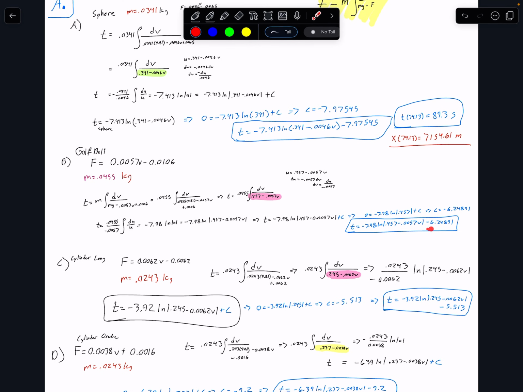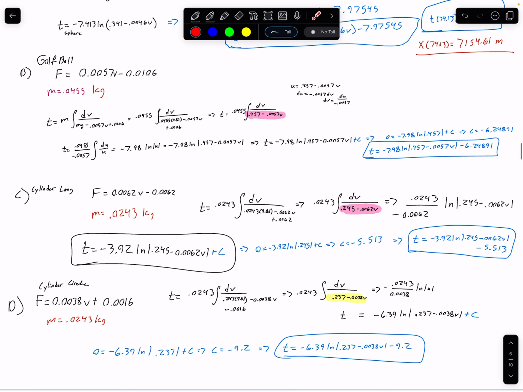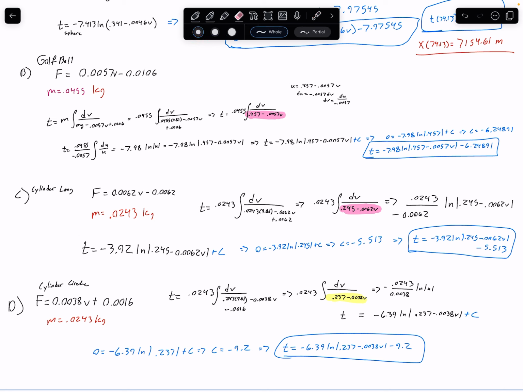We'll notice that we always have a constant c again to offset and make sure that t of 0 is equal to 0. But due to different constants, masses, and coefficients, we end up with slightly different numbers, which makes sense because none of the objects are the same. So basically, the process of finding t was the same for all objects.